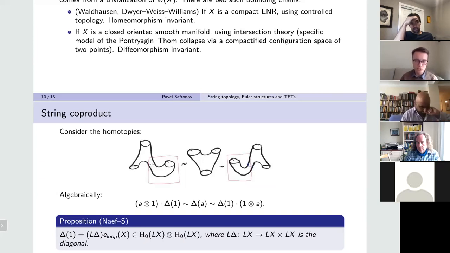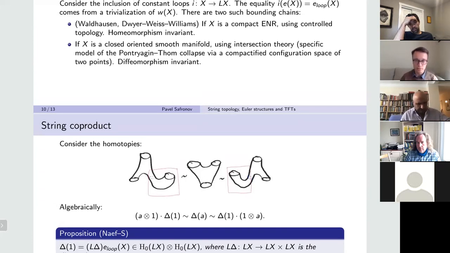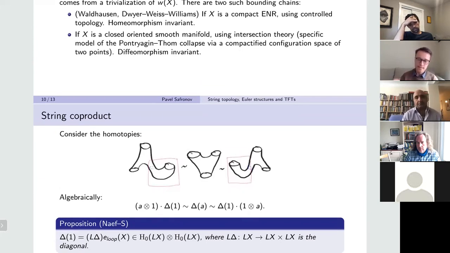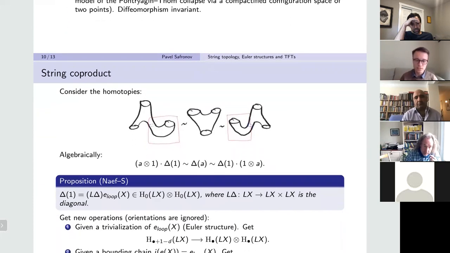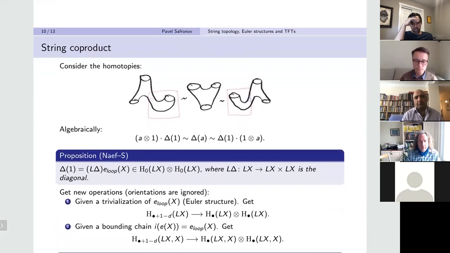Now let's suppose you have one of those bounding chains that I just talked about. That means that you can lift this elbow from the loop space to X itself. And this allows you to get a secondary operation on the relative loops. So again, the story is completely parallel to what I described before.